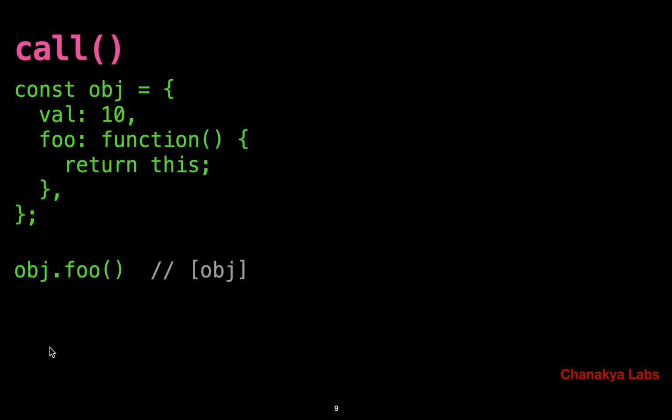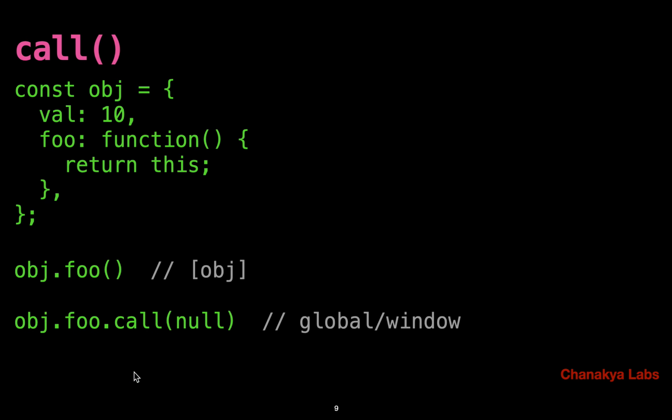But what if now we do the same thing with something like obj.foo.call? If we use that syntax rather than simply calling it, then what will happen? See, if we use obj.foo.call, then definitely we are going to pass some argument, right?